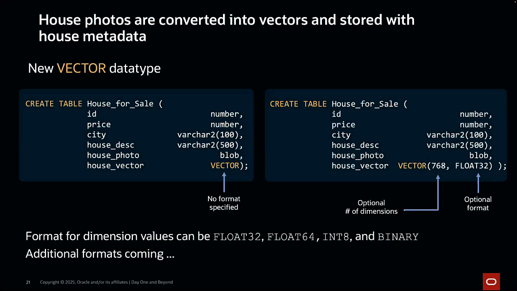So then the question becomes, if I've got it in a table like this, how do I know what embedding model was used to generate the vectors? And so I thought that the new feature of annotations was a great way to actually store the name of the embedding model right on the column, house vector in your example, on the vector data type, right? So then you know what was used.